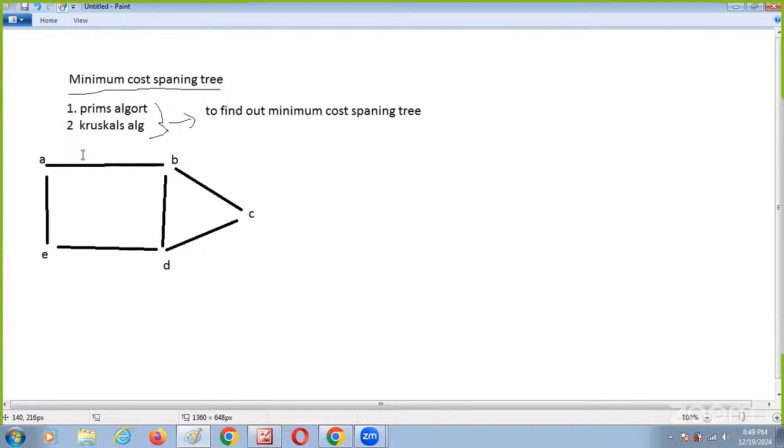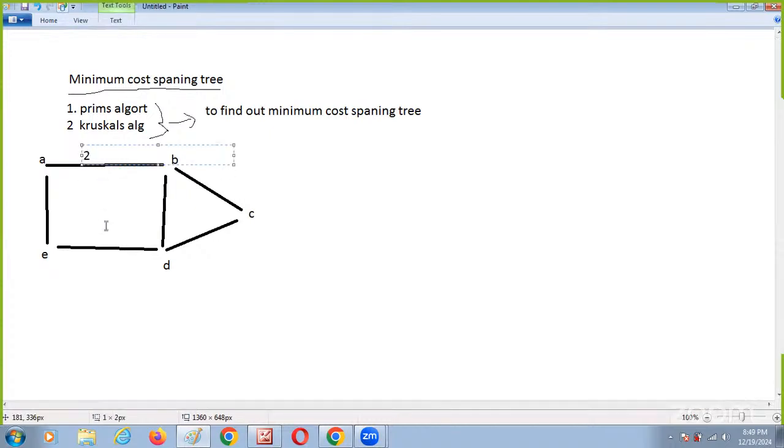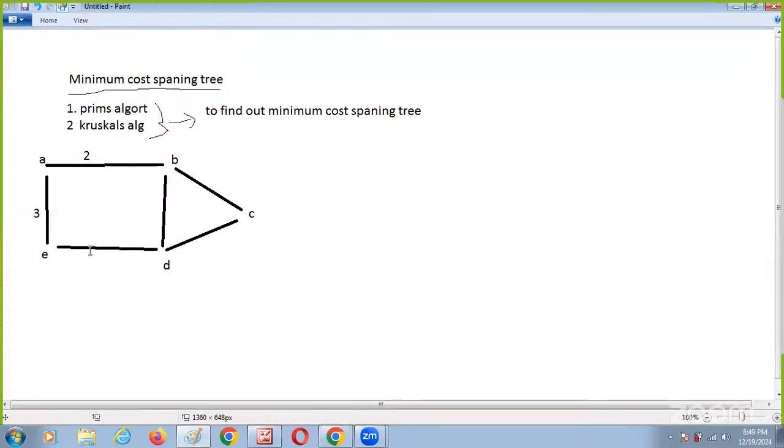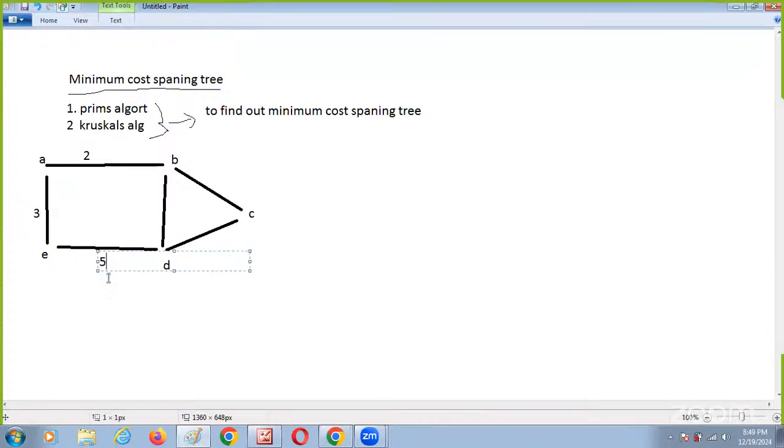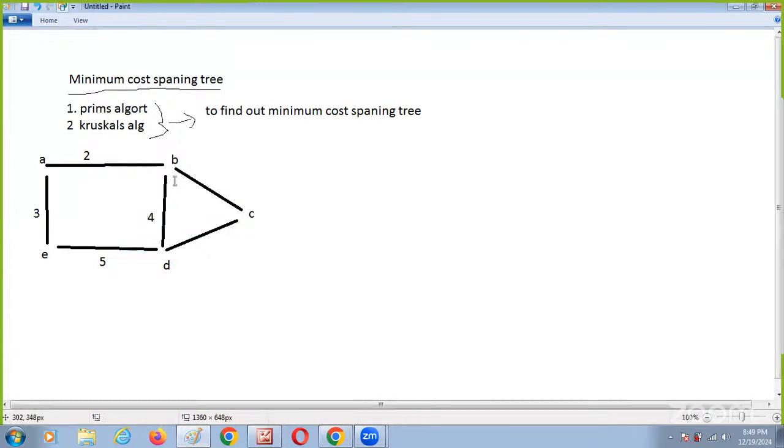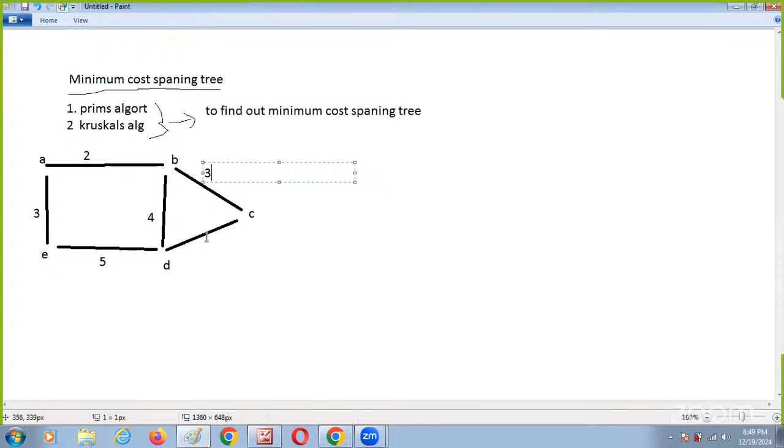Let us take weights 2 and 3, and let us take 5, and 4, and 3, and 4. Some random weights you can take. Or instead of 4, you can take some more weight, okay, 6.